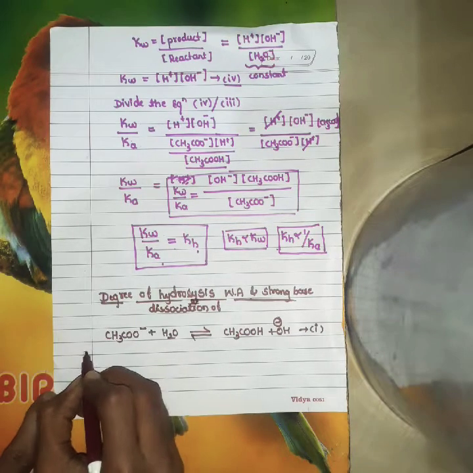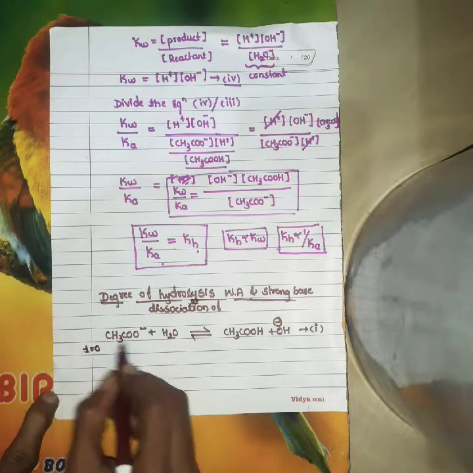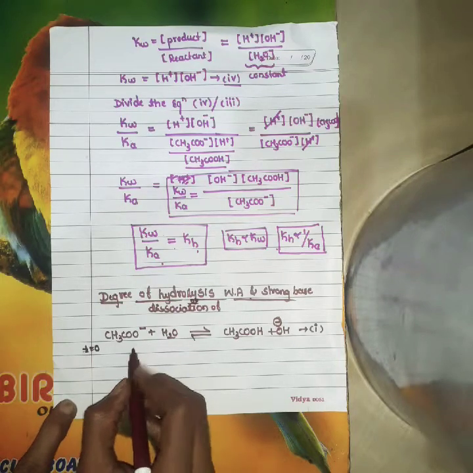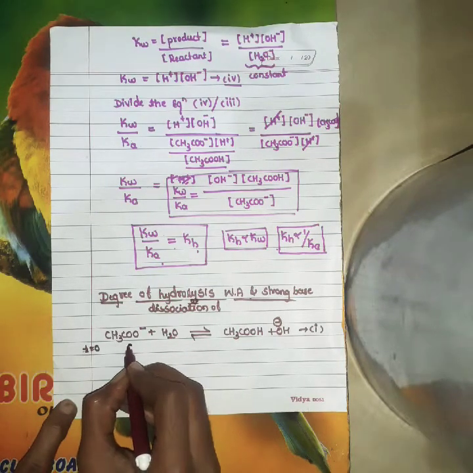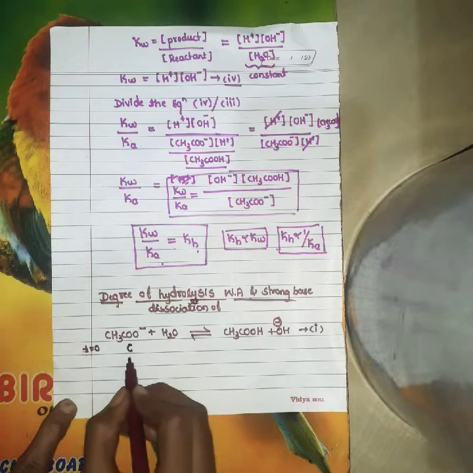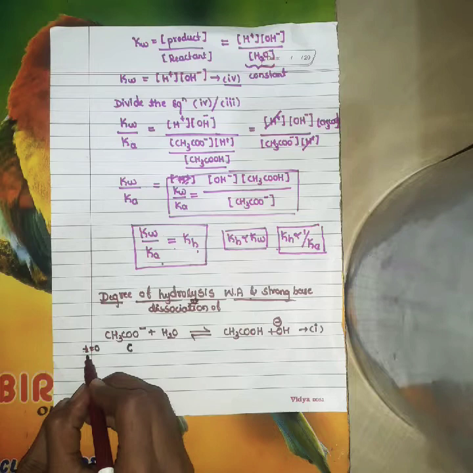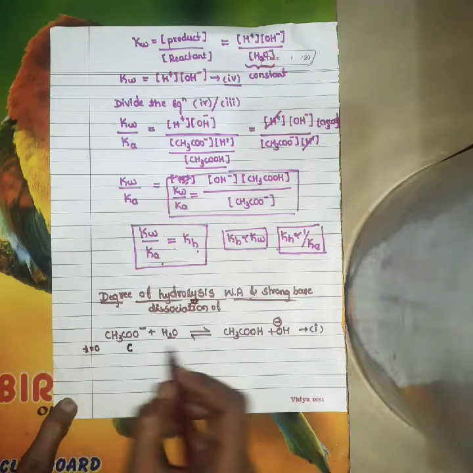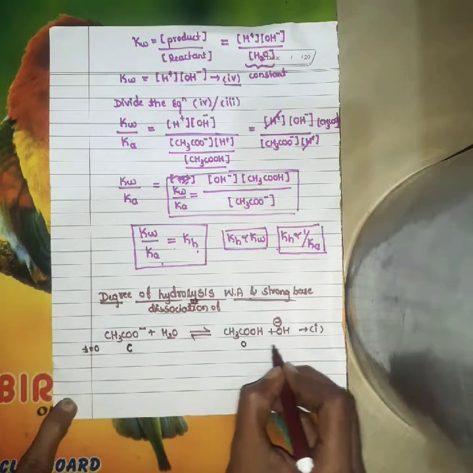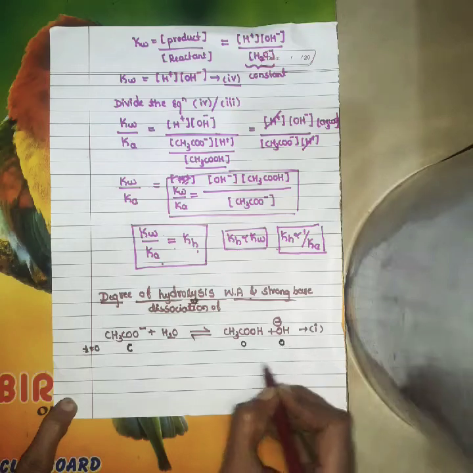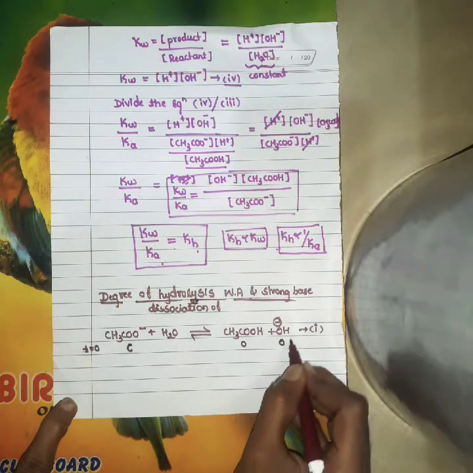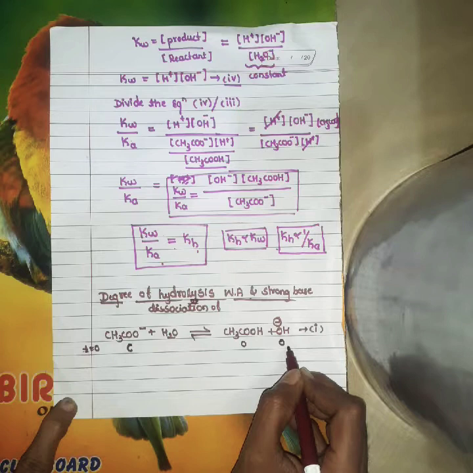Initially, at time t equal to 0, the CH3COO minus present will be C, where C is the concentration of acetate ion. At time t equal to 0 there is no formation of product, therefore the concentration of acetic acid and OH minus is 0.